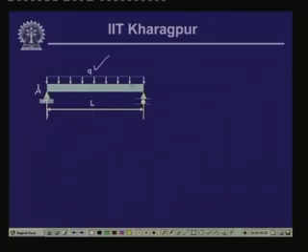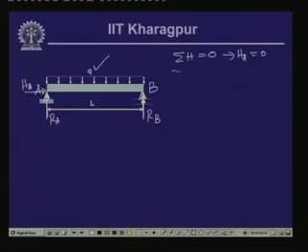Let us call this end A and this end B, with reactive forces RA and RB, and the horizontal force HA. From summation of horizontal forces equals 0, HA equals 0. Summation of vertical forces equals 0 gives RA plus RB equals Q times L, which is the vertical load acting in the opposite direction of RA and RB.